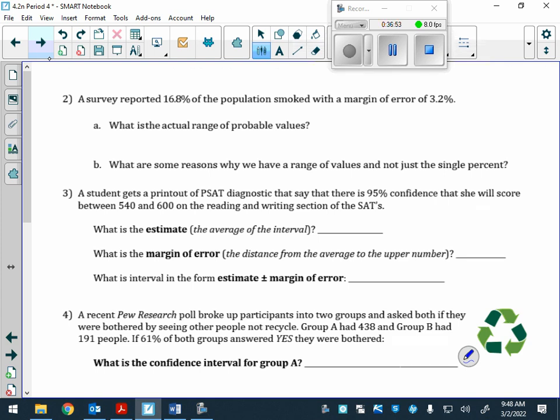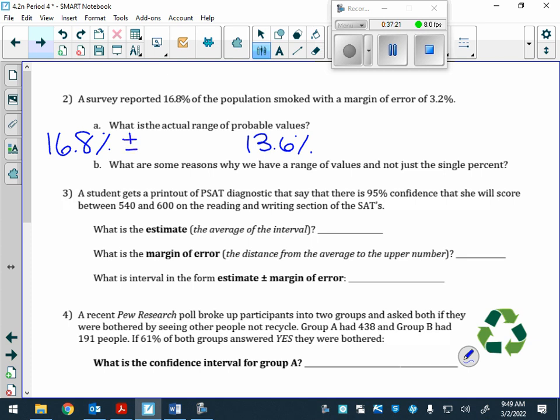Okay. A survey reported 16.8% of the population smoked with a margin of error of 3.2%. So what is the actual range of these values? Okay, so we remember 16.8% is the statistic.